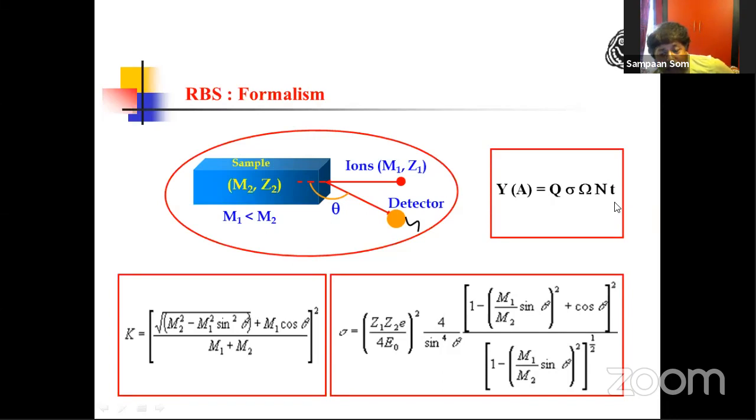So the higher the ion energy, the lower the cross-section will be. And it also depends on the backscattering angle, by inverse to the power 4, sine theta inverse to the power 4. So a lot depends on the backscattering angle where the detector has been set. And it also depends on M1 and M2, that is the projectile and target masses. So next one.